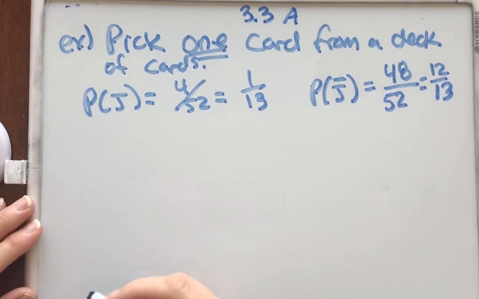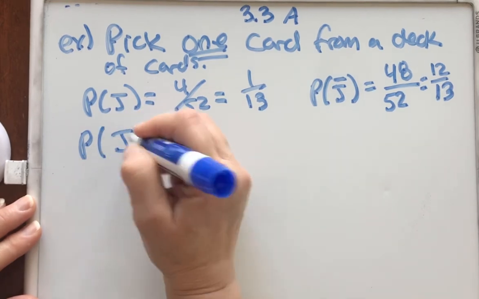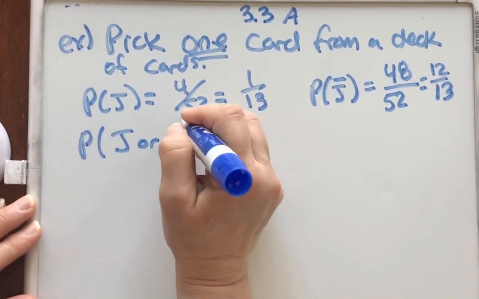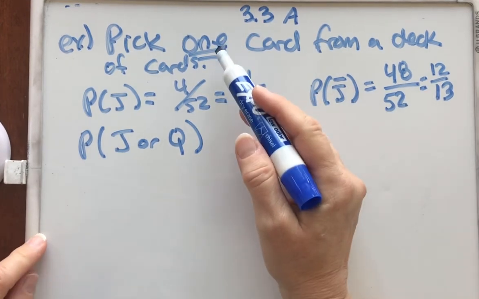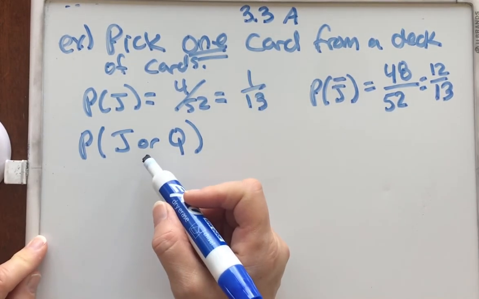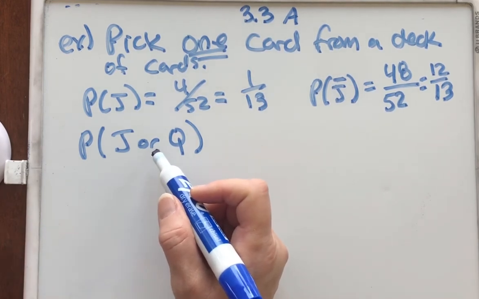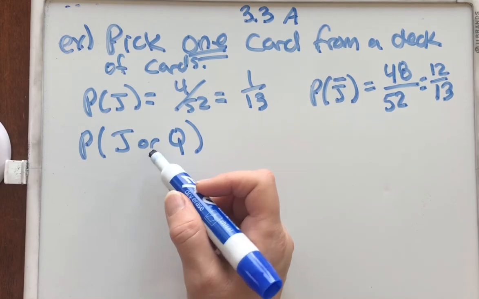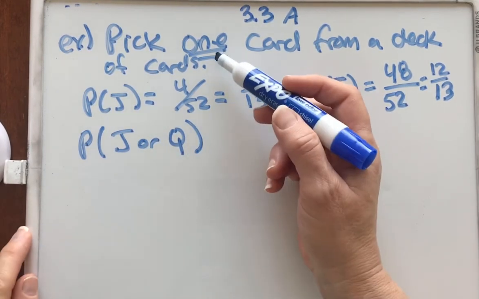Okay? Now we're going to look at the probability of a jack or a queen. Now remember here, we're picking one card. We see the word or. So we have to decide, is this mutually exclusive or not mutually exclusive? Is it impossible to get a jack and a queen at the same time when you're picking one card?